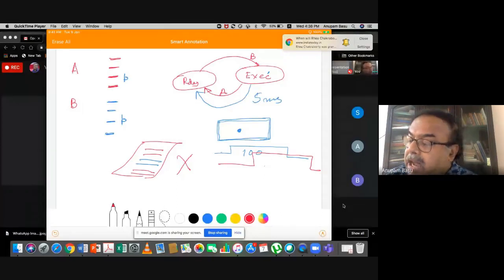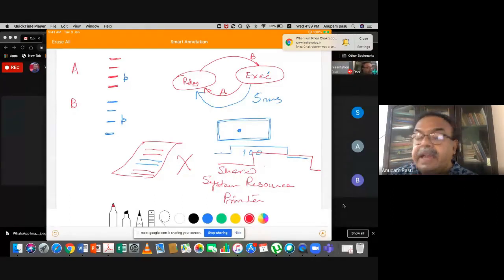Therefore, I must have some means of allocating this system resource. What was the system resource here? The system resource was the printer and also the CPU, of course, but right now the shared system resource was the printer, right?